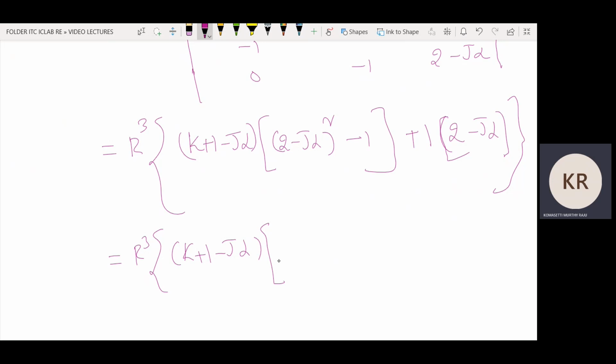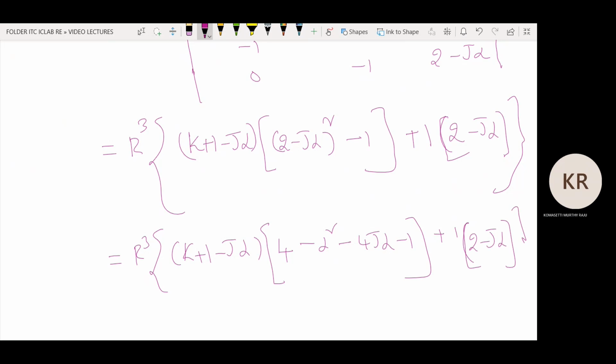Using the formula (a minus b) whole square, we get 4 minus alpha square minus 4j alpha minus 1, plus 1 into 2 minus j alpha, like that.